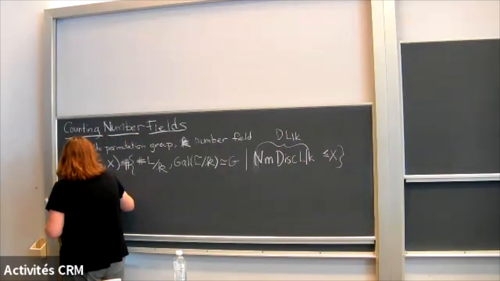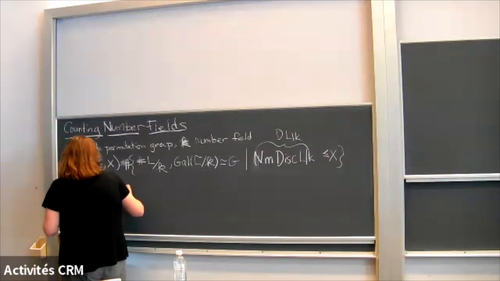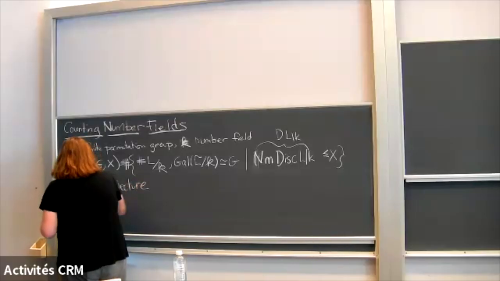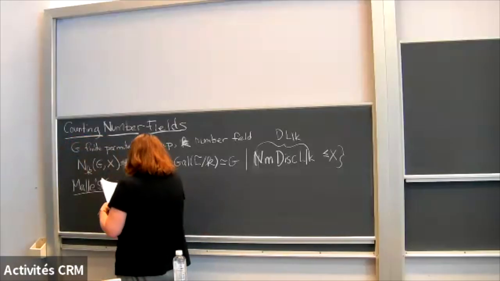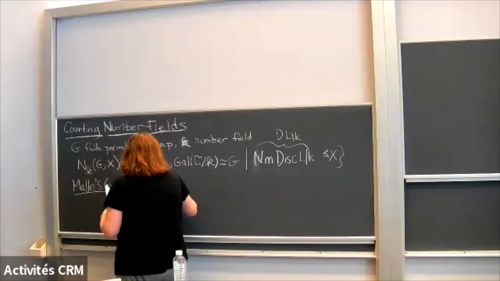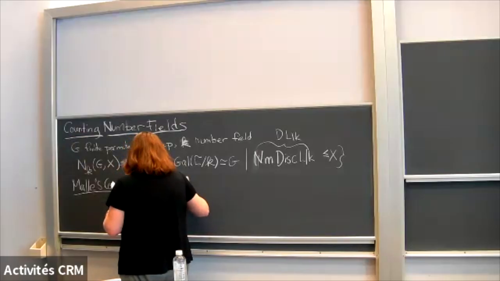So then we have Malle's conjecture, which is a conjecture about these asymptotics from papers in 2002 and 2004.